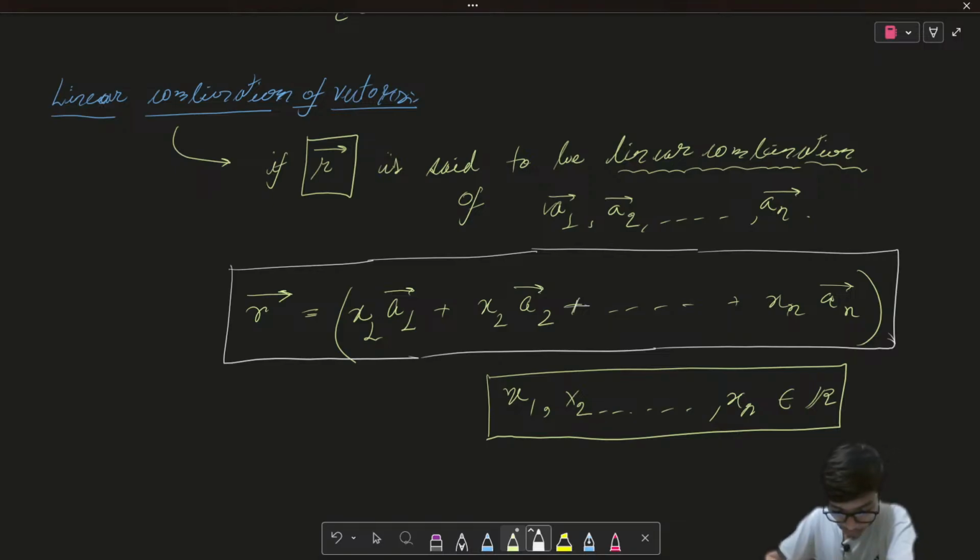Right. So let's now try to understand that based on this linear combination of vectors, how am I going to represent something which is known as collinear or non-collinear vectors, right?